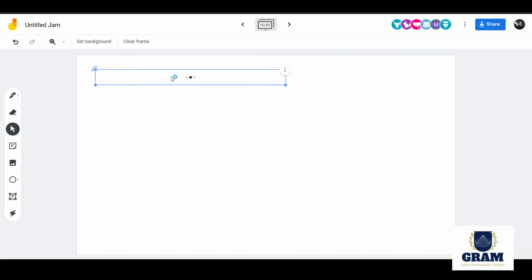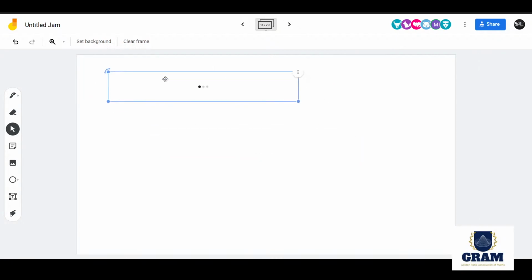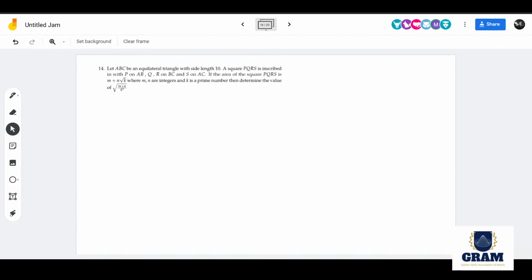The picture is very blurred, you can just replace it with another picture. This is just cosine bash. No, there's a classical problem with an elegant solution.